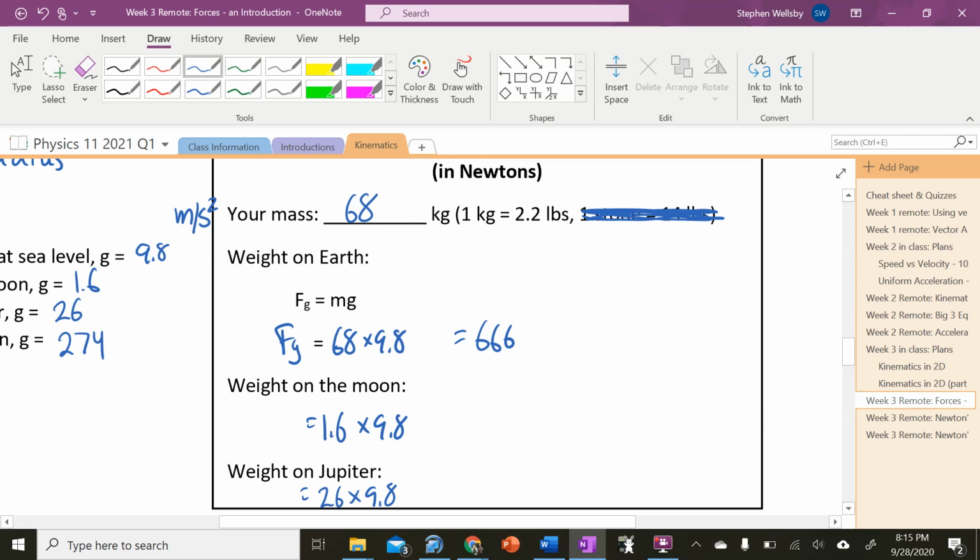Sorry, that was my mistake here. I reversed the order. This is going to be m is the 68 and g is the 1.6. Either way, the two answers there are going to be 109 and 1,768. So in all three of these cases, that would be my weight on these various locations.